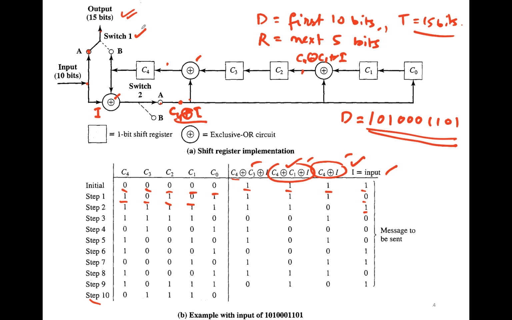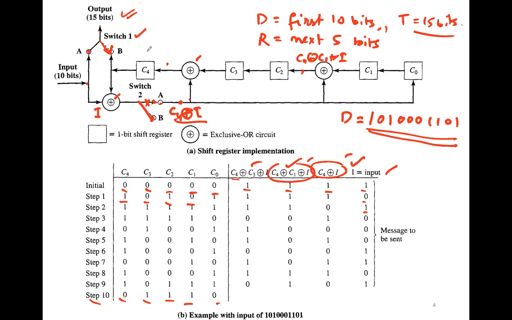Then after the 10th step, this switch shifts to point B, and this circuit breaks. So this also goes to point B, which is a floating point. Then whatever is the state of the shift register at the 10th step, so this is 0 1 1 1 0.